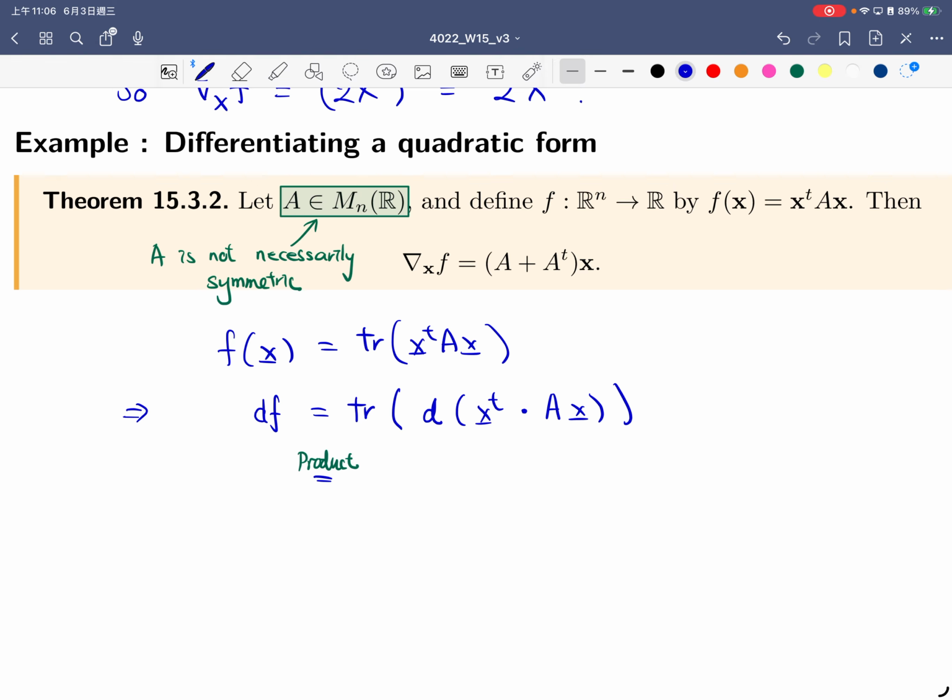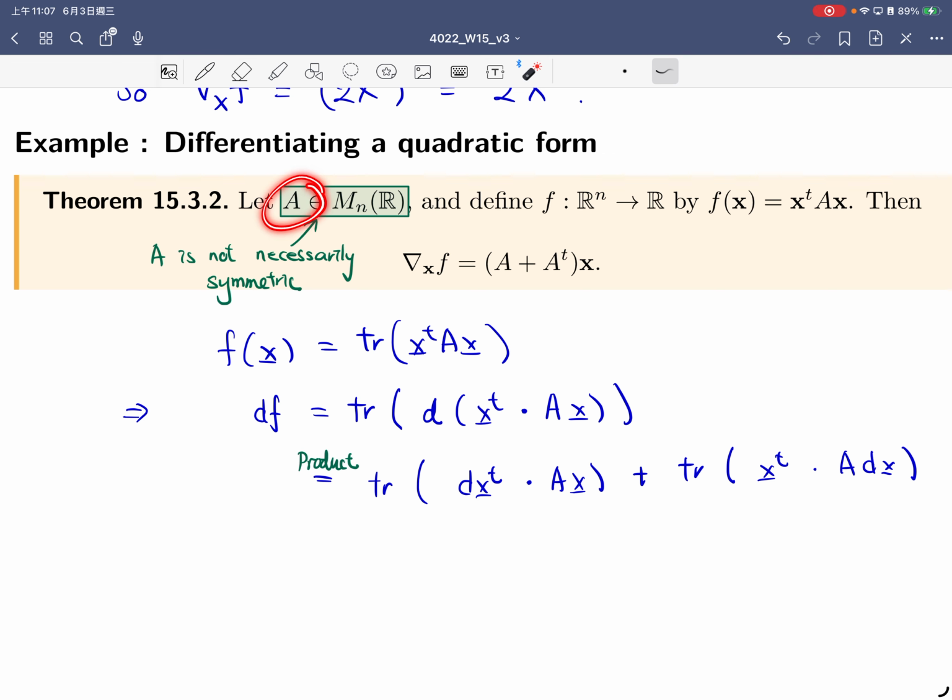They will become the trace of, firstly, dx transpose times Ax, plus the trace of x transpose A, and A is a constant matrix, okay? So don't worry too much about that. So this is just a dx. So A in the beginning is a constant matrix, so the function does not depend on A, it is not a variable.